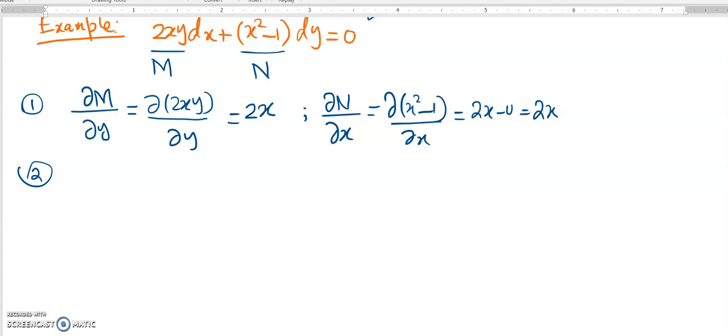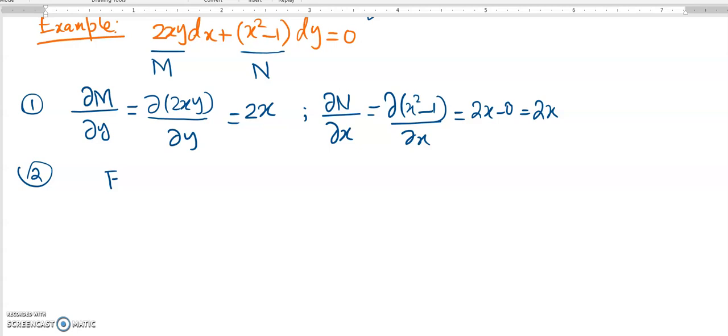For this procedure, the next thing we have to do is say that the solution of this equation we can represent by a function capital F.